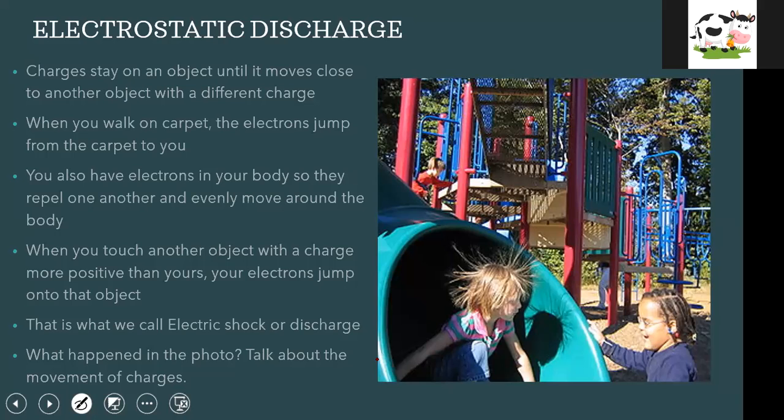Exactly. So what's happening there is an electrostatic discharge. Whatever extra charges are on your hand are jumping onto the other object that you touch, and it makes a spark because it's a quick transfer of excess charge. Okay, so in this photo, like Catherine had mentioned, going down a slide sometimes gives you that. What kind of charges are transferring here?